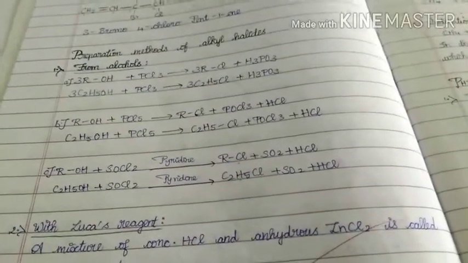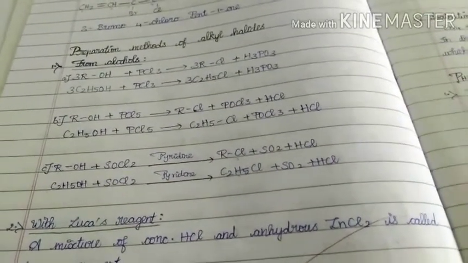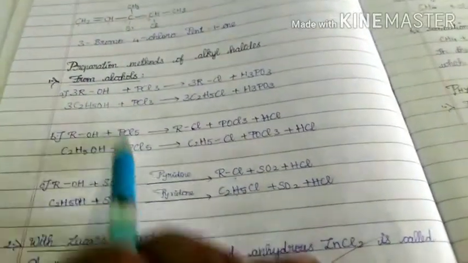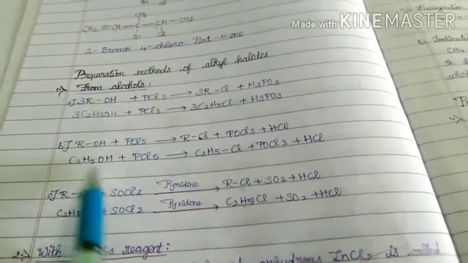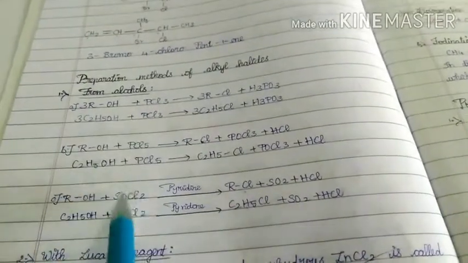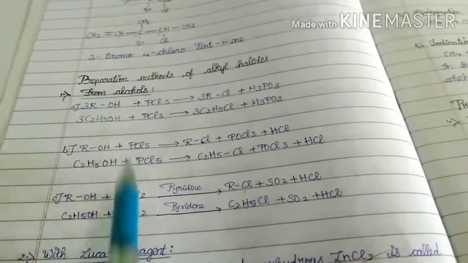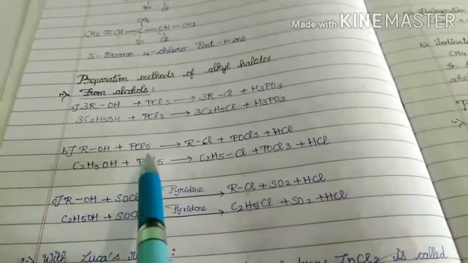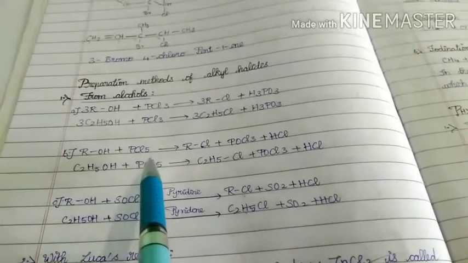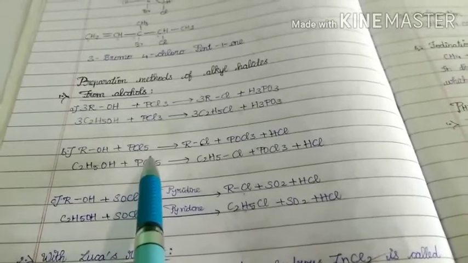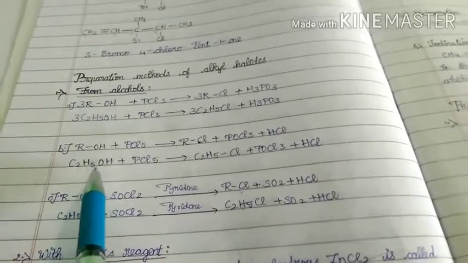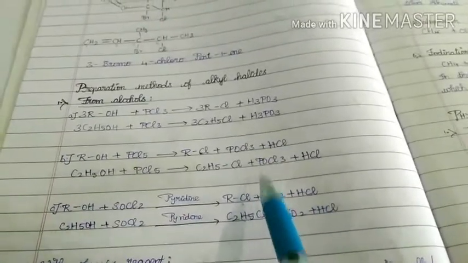Here you have to remember one point from the above three reactions: when alcohols react with halogen compounds, all these are halogen compounds, PCl3, PCl5, SOCl2, then those halogen atoms replace the OH group from the alcohol, then alkyl halides will be formed.